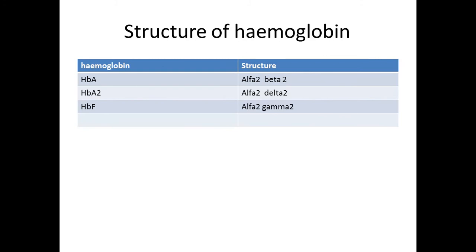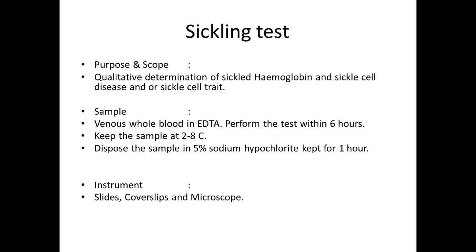Now when these globin chains are abnormal, it gives rise to abnormal hemoglobins like sickle hemoglobin, or HbS. This sickle hemoglobin is less soluble. It forms a crystal inside the RBC. As a result, the RBC shape becomes abnormal, elongated and sickle-like, and the RBC becomes very fragile.